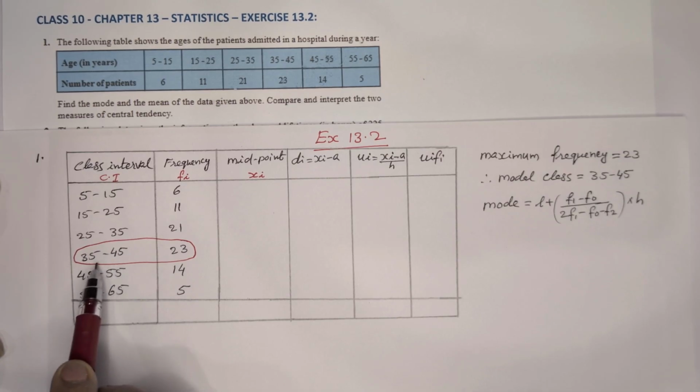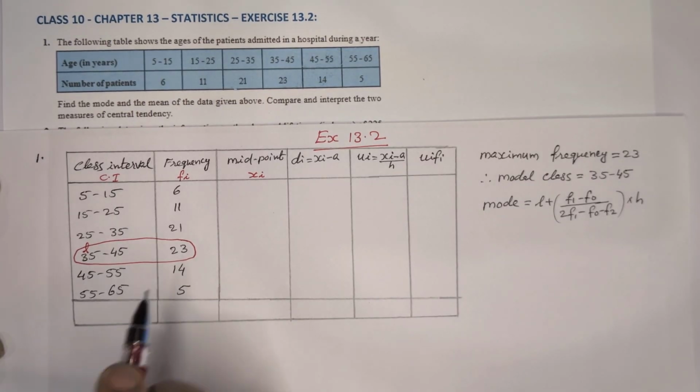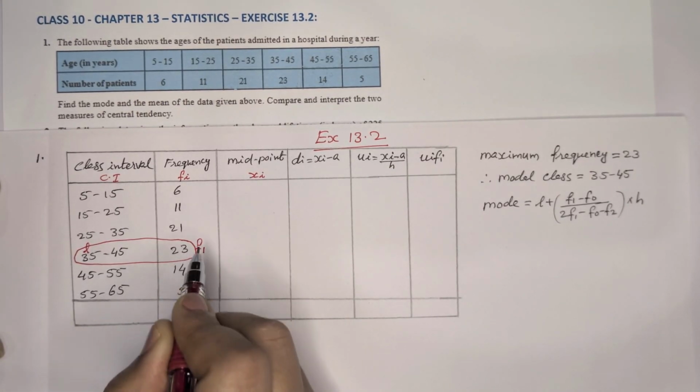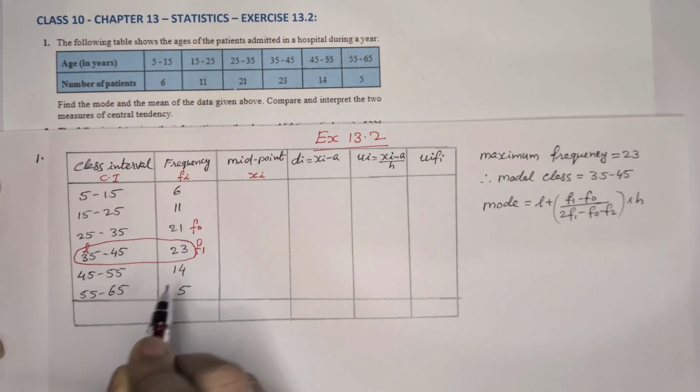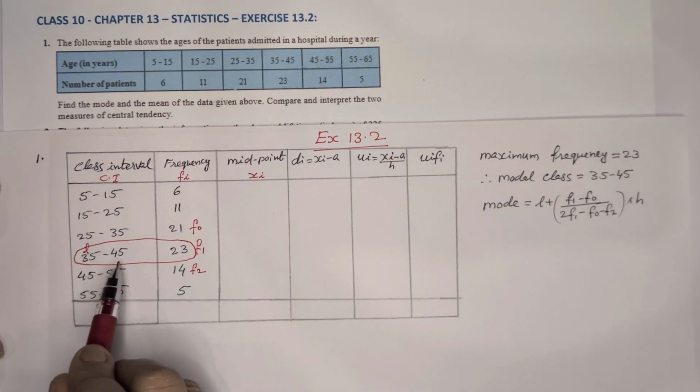Here this is the lower limit L, this we can take as f1, f0, then f2. Then the class size, that is h.